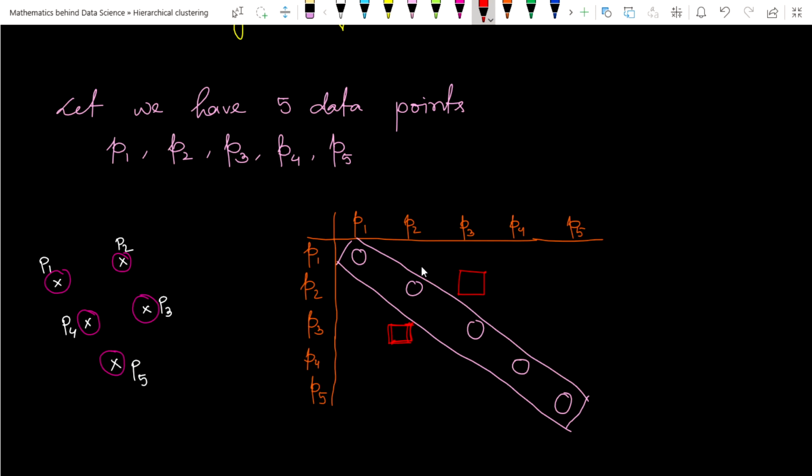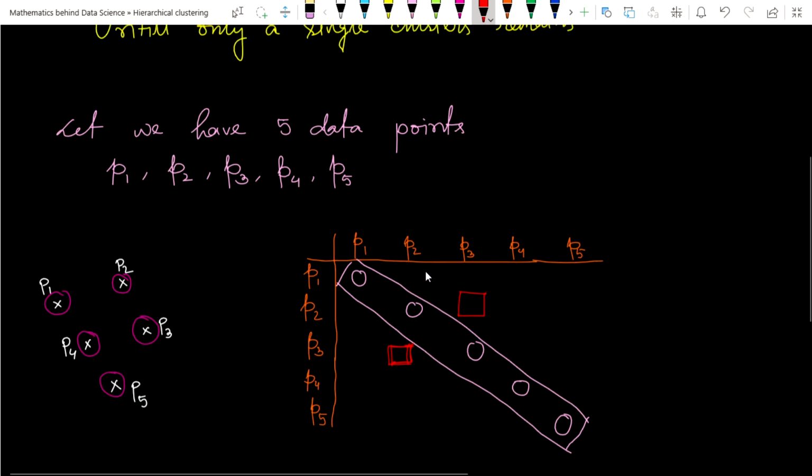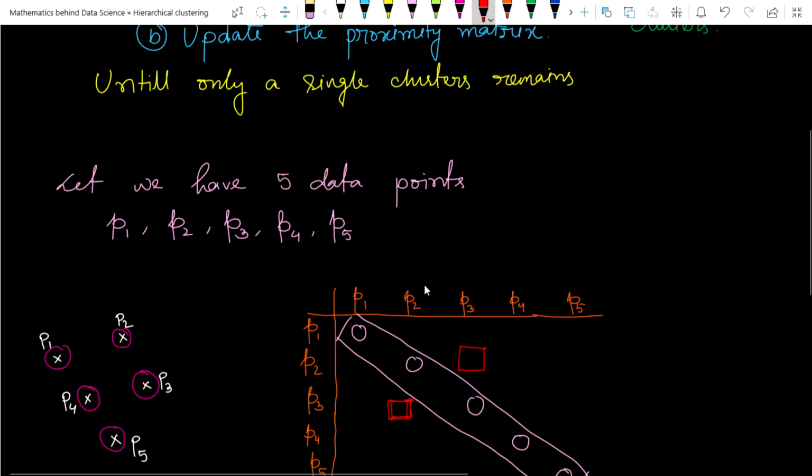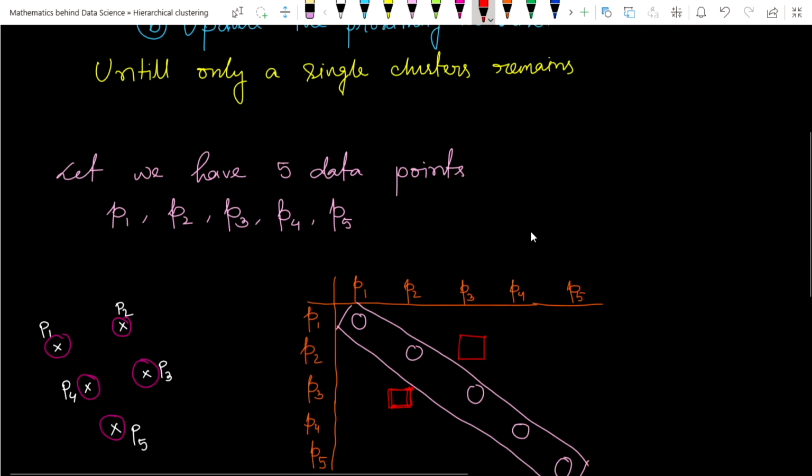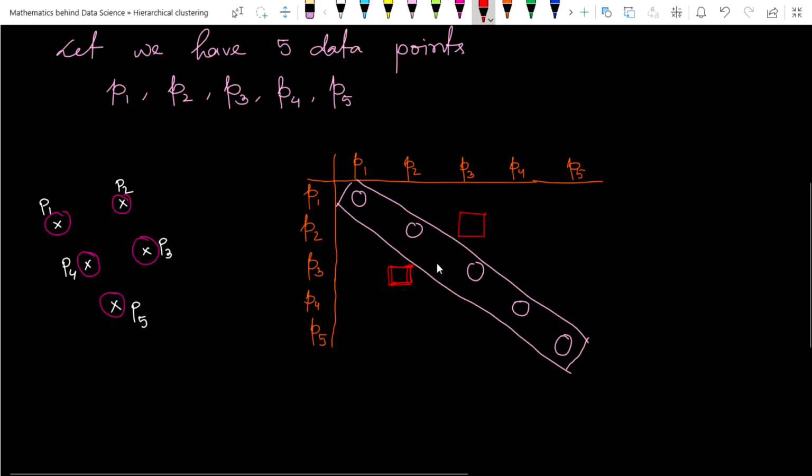Suppose we make this matrix based on our similarity or distance. If we make this matrix based on the similarity value, then we will choose the maximum similarity. What will be the maximum?